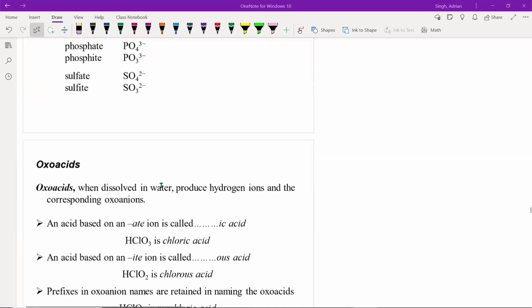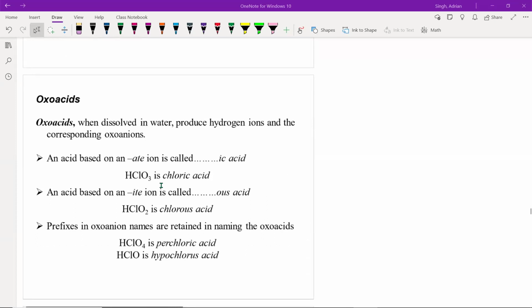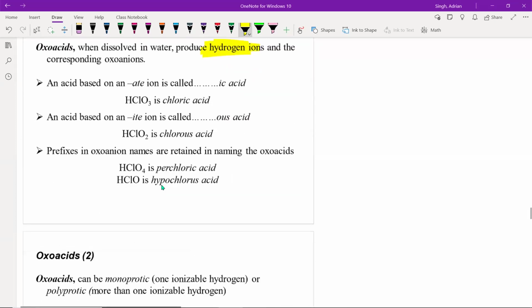Those oxo anions can become oxo acids, just like we've seen previously with the acids we talked about above. What's similar between the oxo acids and the ones we saw before is that these are also going to produce hydrogen ions. And how we name them is going to be similar as well.